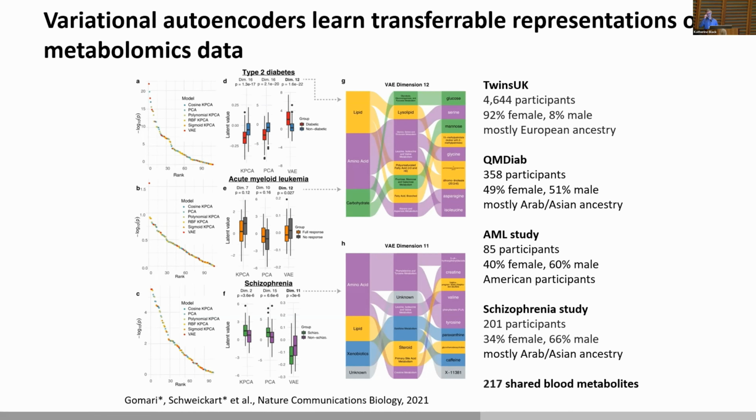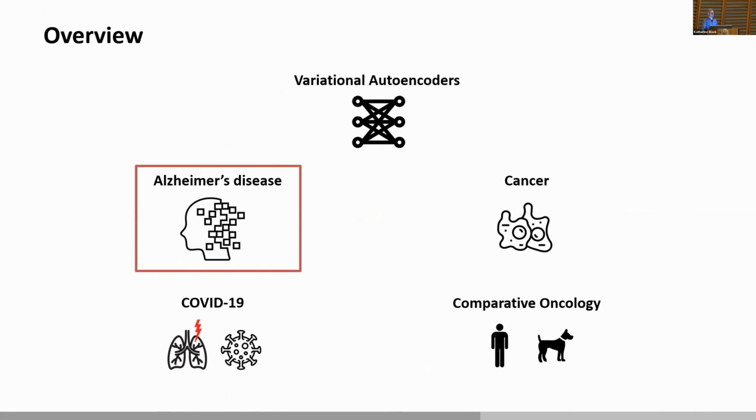And I thought this was fascinating. To be fair, this also decently works with the PCA itself, so you didn't need the autoencoder for that part. But the fact that you train something on a predominantly European female population and then transfer that model to another cohort that is completely different and still see that those components associate with disease was very interesting, I thought, and gives maybe also some hope for transferability across different cohorts.